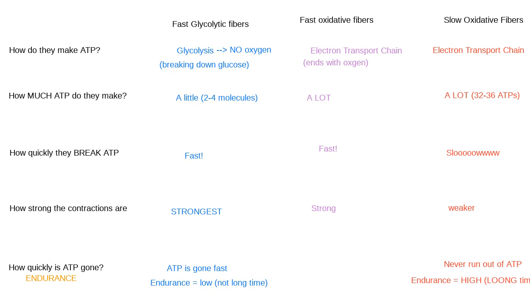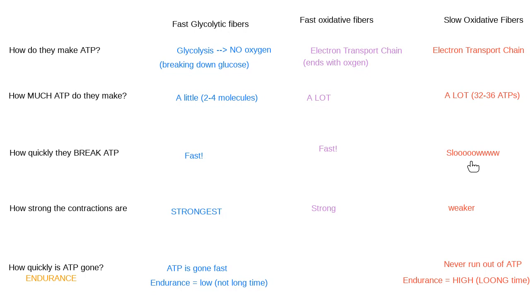If you need to do an endurance activity where you're doing stuff for a really long period of time, as long as it doesn't have to be a strong contraction, slow oxidative fibers are your jam. They have almost an unlimited supply of ATP because they're doing the electron transport chain and they're breaking it down slowly.